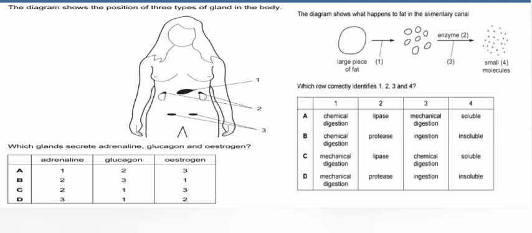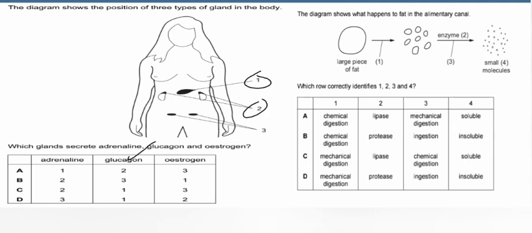The first one is saying, the diagram shows the position of 3 types of gland in the body. So we have gland 1, which is the pancreas. The pancreas secretes glucagon. Then gland number 2 is the adrenal gland. The adrenal gland secretes what we call adrenaline.